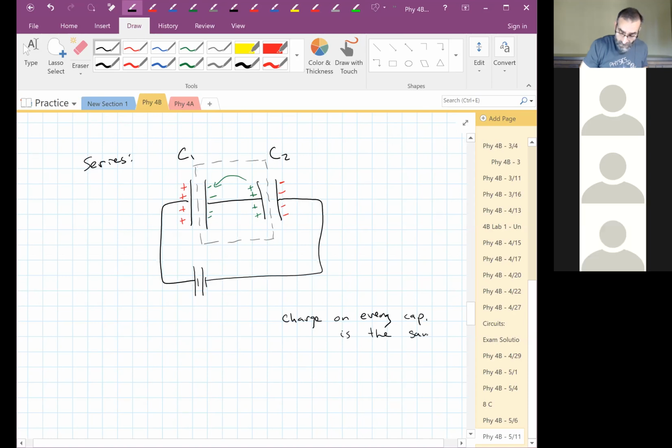Professor, just to confirm one more time, it doesn't even matter if the area of one capacitor is bigger than the other. It doesn't matter. Even if it's a huge capacitor in series, this is what you get. And what is it equal to? Q total.